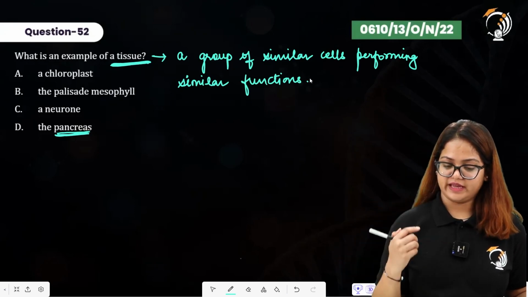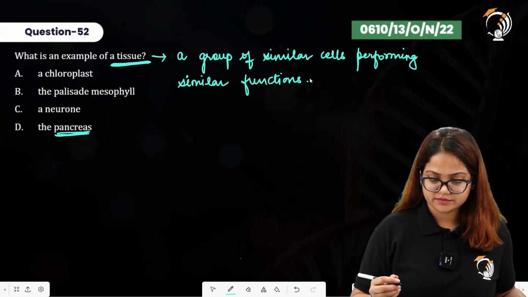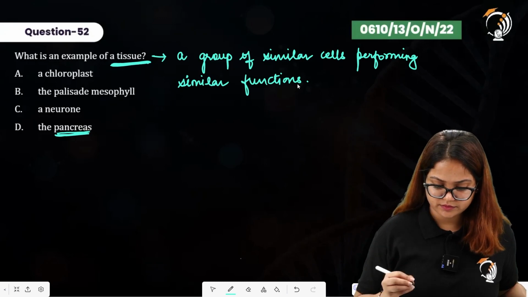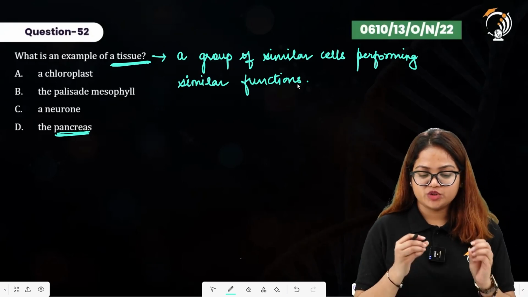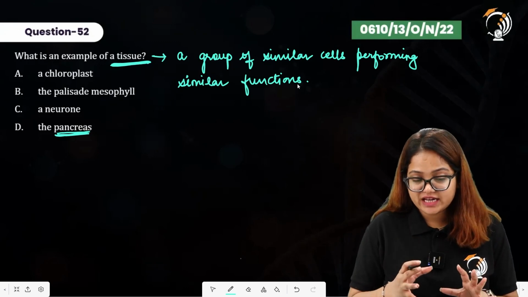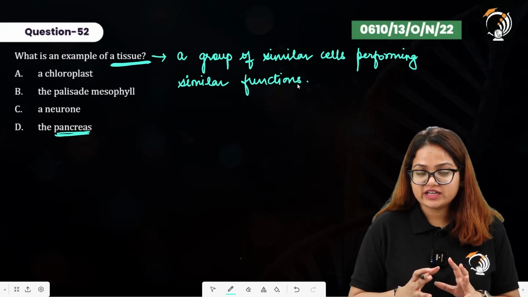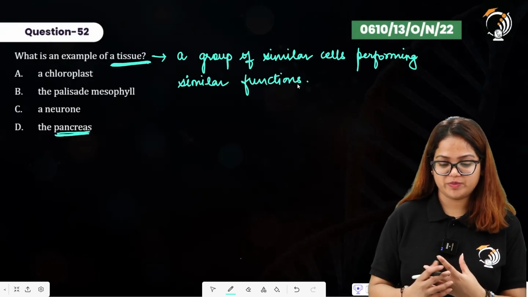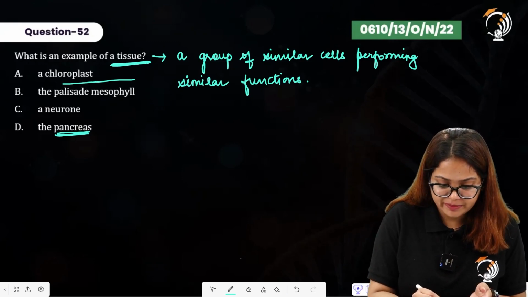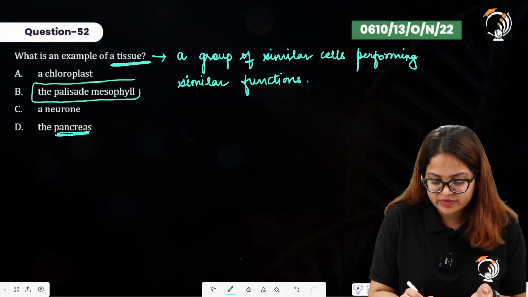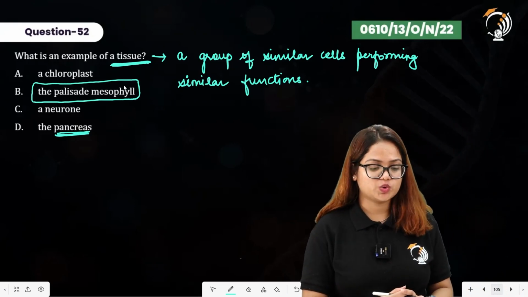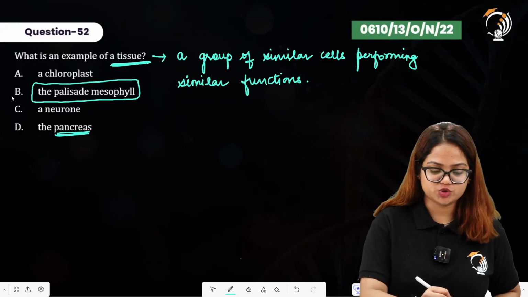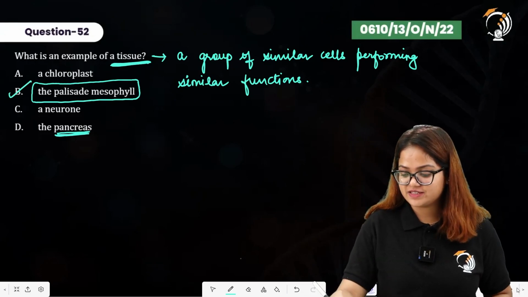All right, and for that, here we have chloroplast as the organelle, neuron as the cell, pancreas as the organ. An organ is composed of many tissues. So basically, option B, the palisade mesophyll. Here we have many palisade mesophyll cells. So this will be an example of tissue. Option B here is the right answer.